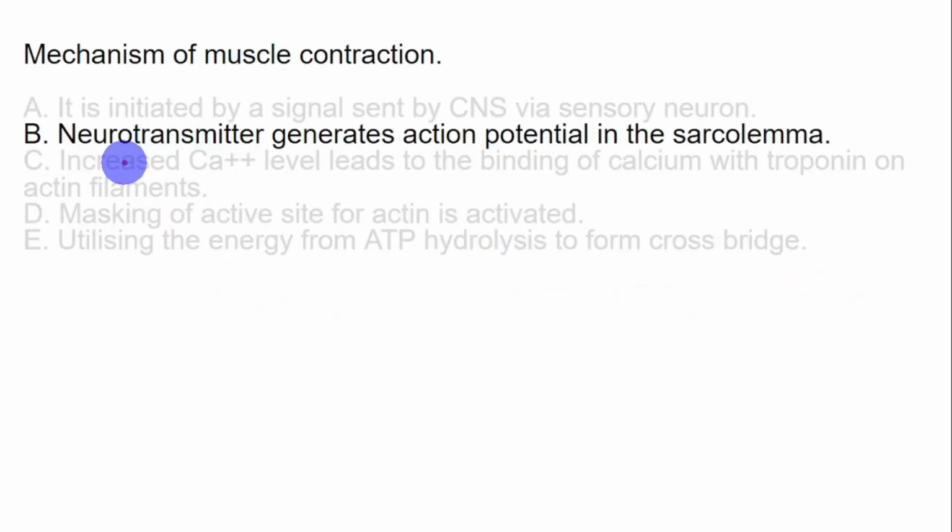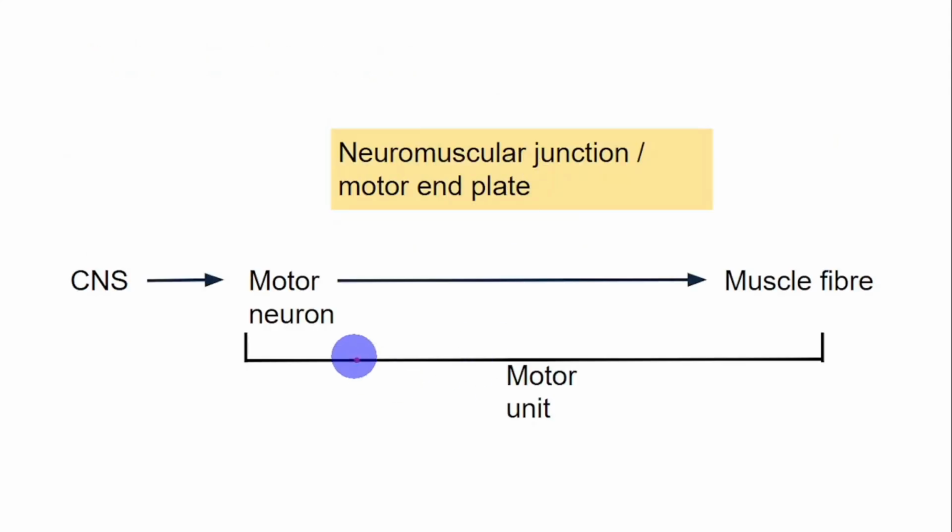Then, second statement says neurotransmitter generates action potential in the sarcolemma. Sarcolemma is the membrane of muscle cell or muscle fiber. So, this statement is correct. The junction between the motor neuron and the muscle fiber is called neuromuscular junction.